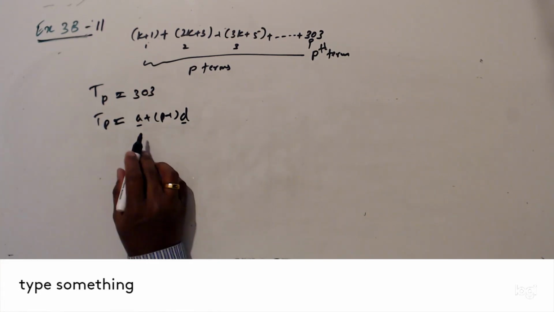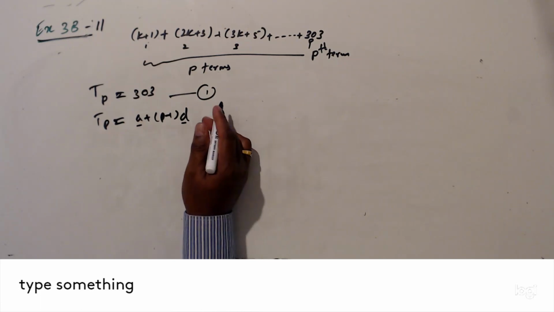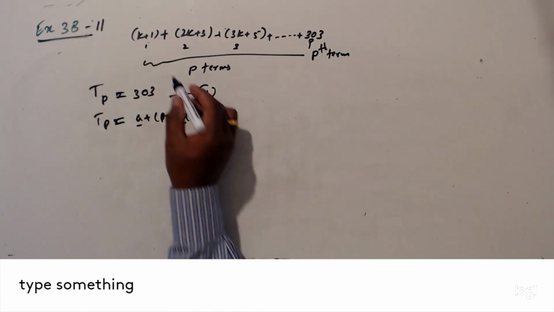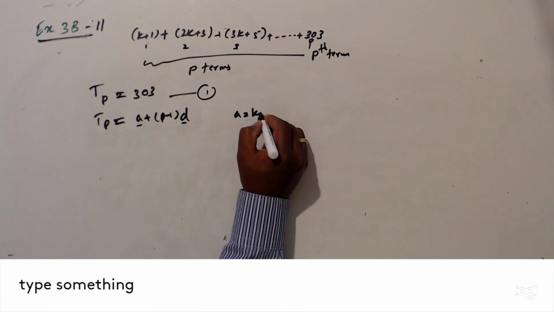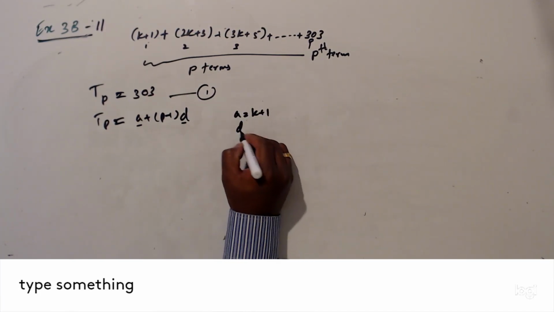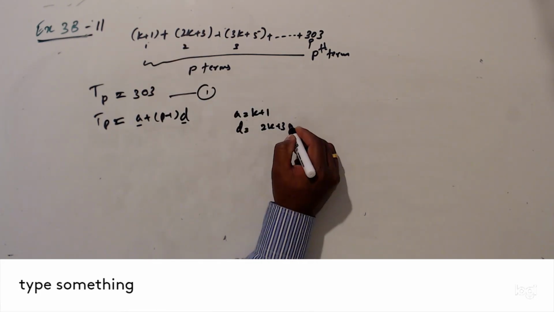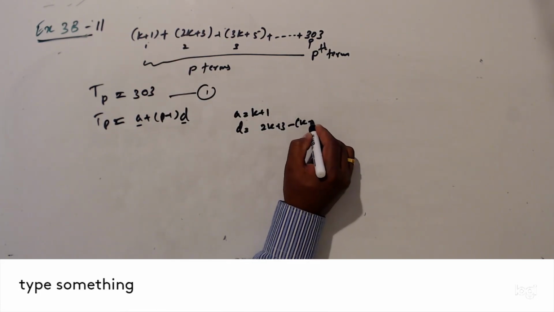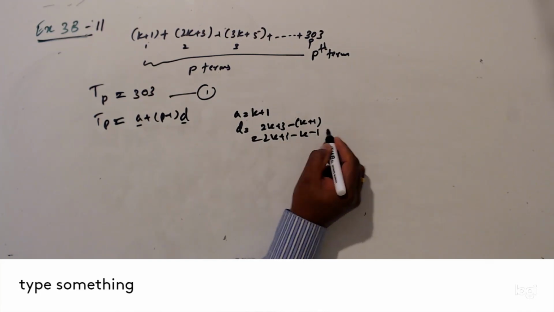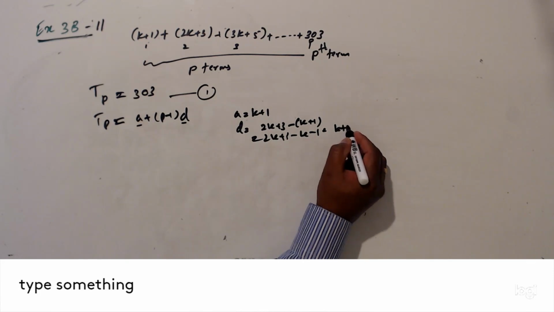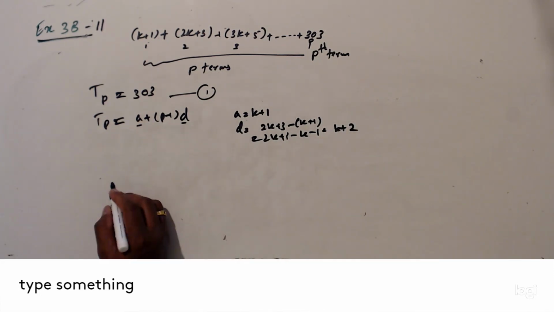Now we can find a and d. So a is k plus 1, and d we'll find: 2k plus 3 minus k plus 1, that is 2k plus 3 minus k minus 1, that is k plus 2. So d is k plus 2.